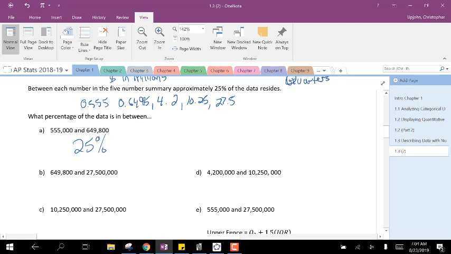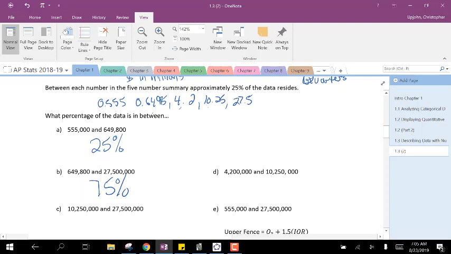Between 64.9 and 27.5, well, we have 3 quarters, 75%. Between 10.25 and 27.5 is just 1 quarter, 25%. Between 4.2 million and 10.25, we have 25%. And between 555 and 27.5, we have 100% of our data.